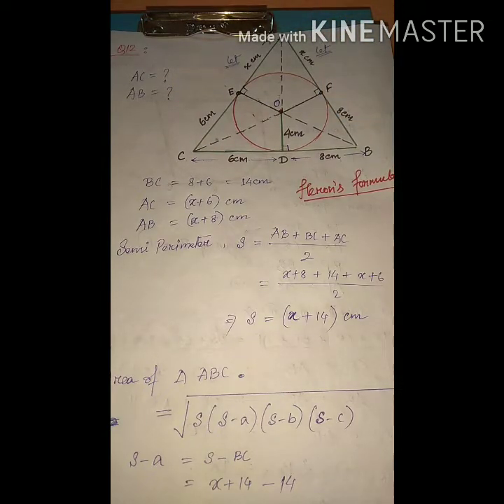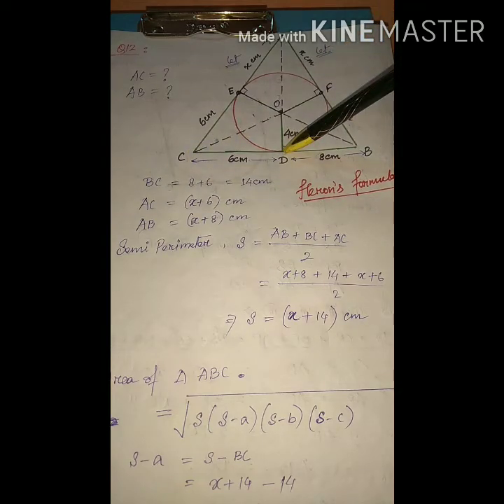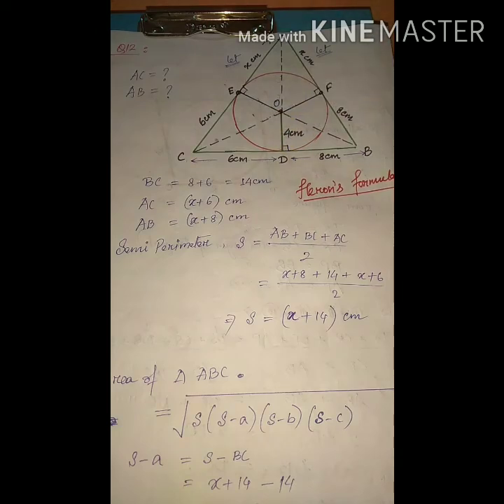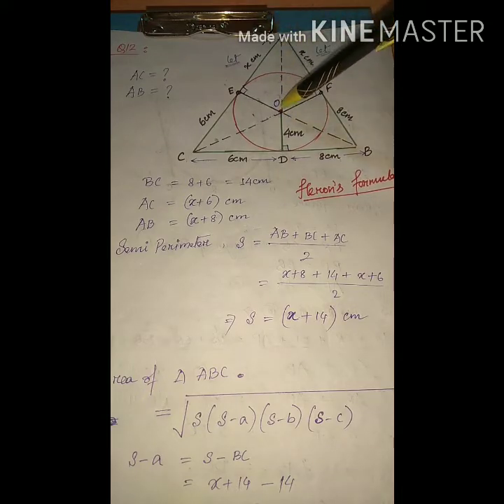For this, first of all, since C is the external point and D is the point of contact, this CD length is the length of tangent. So first, from the center O, we join A, we join B, and we join C. Clear? And then we extend this line.